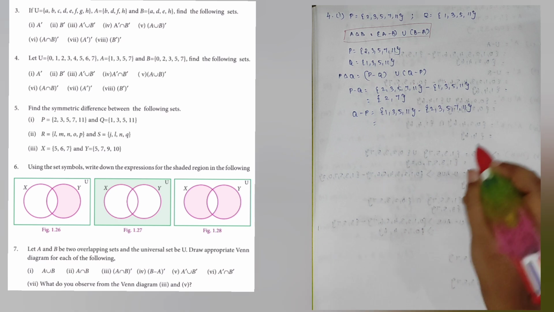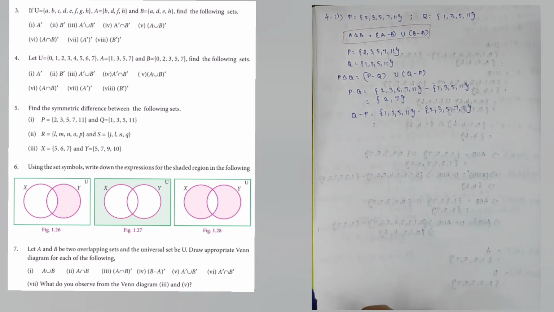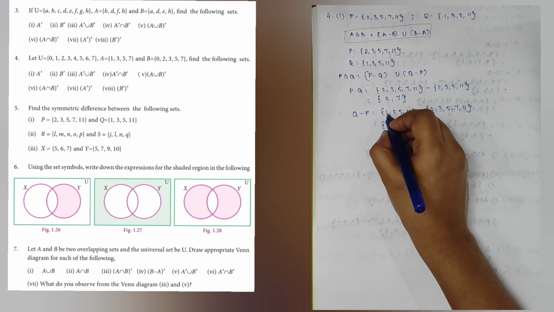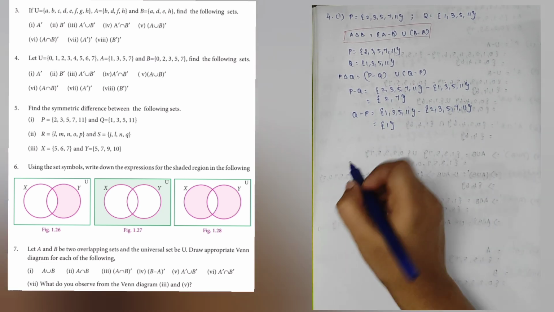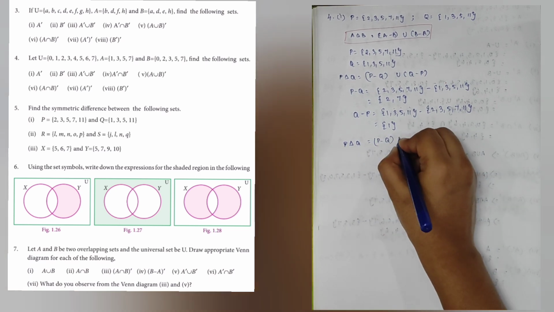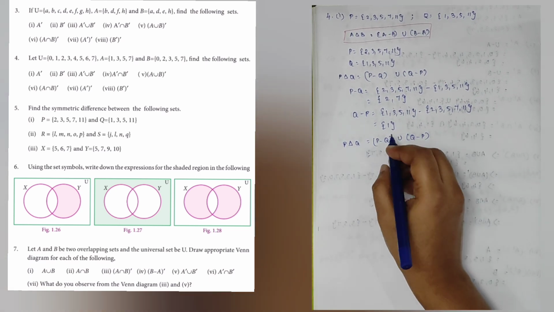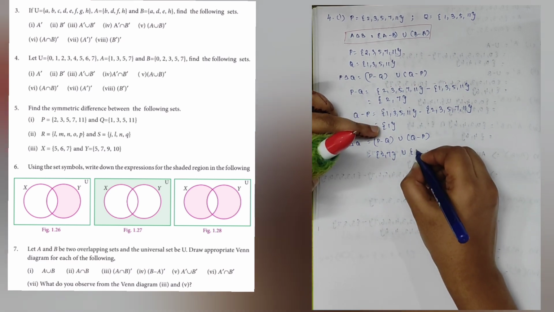List out the common elements 3, 5, 11. Now write only the uncommon element of the first set, that is 1. Now P delta Q is equal to P minus Q union Q minus P. So P minus Q is 2 and 7, union Q minus P, that is 1.